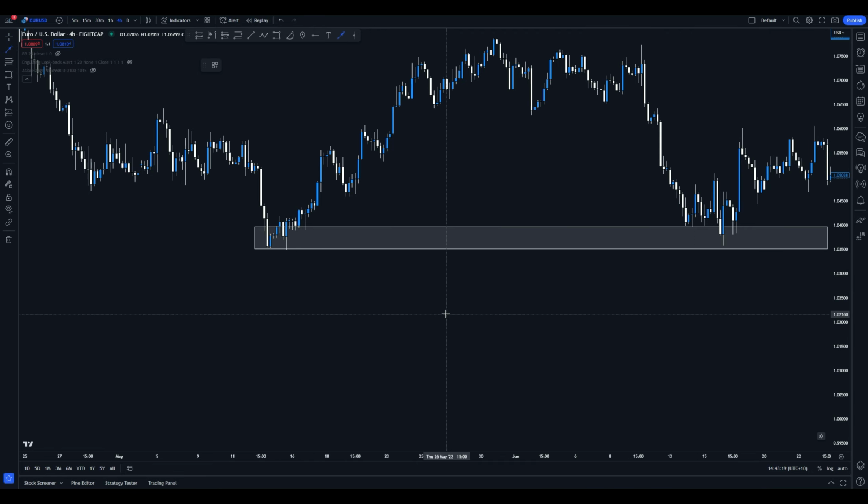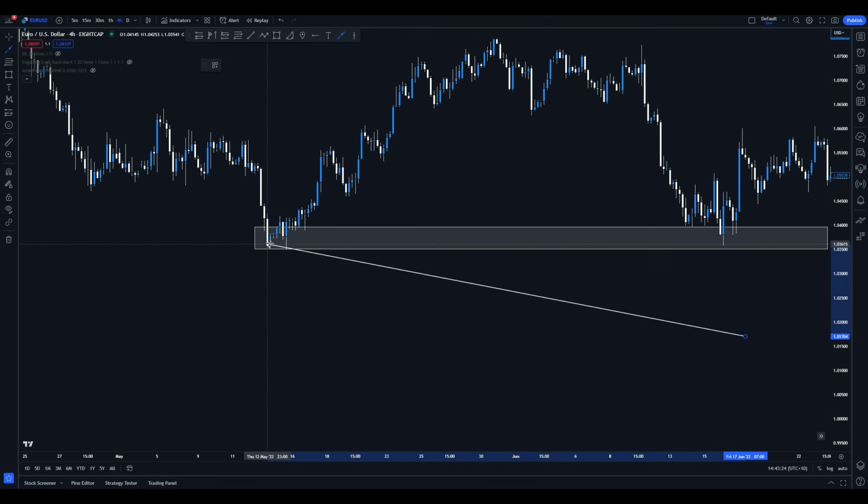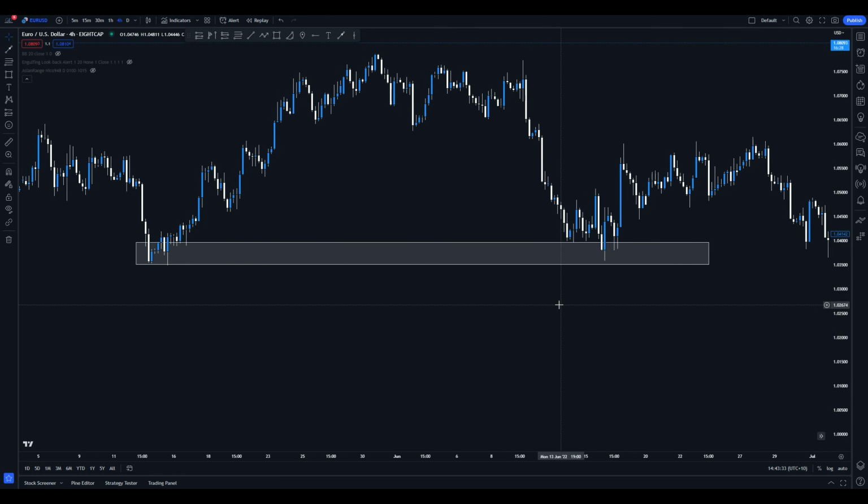So this is a more long-term support. It's been probably 2 weeks since it had been back to this area, which kind of gives it more respect in a way. Less tested areas that have held their own over time tend to have a high chance of reversing in that area, which is what happened here.